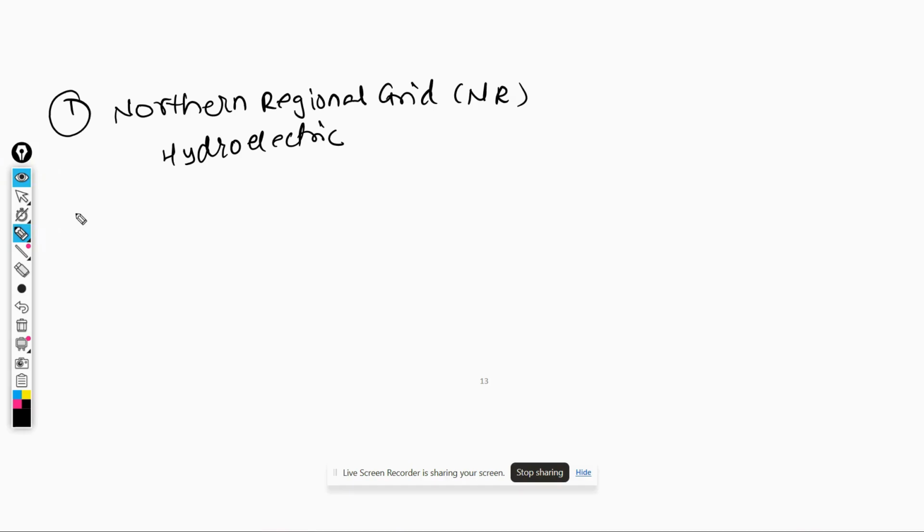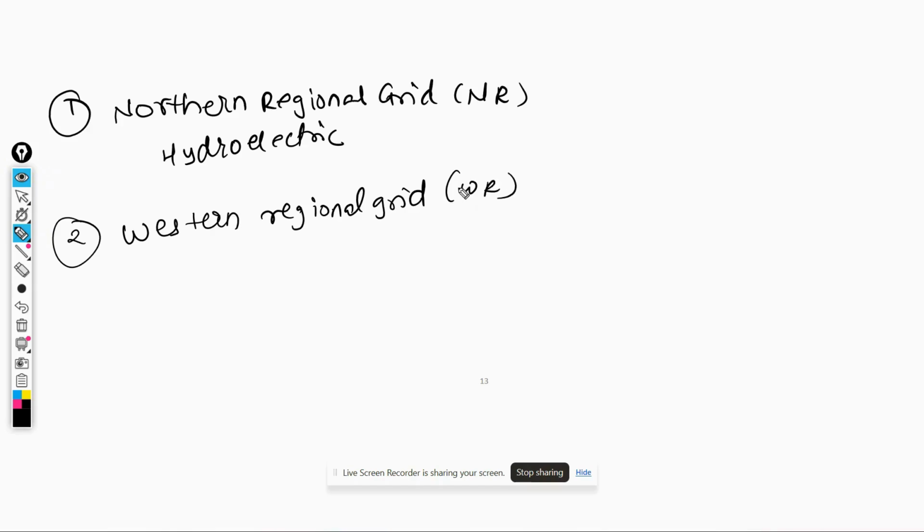Then the second regional grid was the Western Regional Grid. This region includes states like Maharashtra, Gujarat, Madhya Pradesh, Chhattisgarh, and Goa. This region contains several major industrial cities.